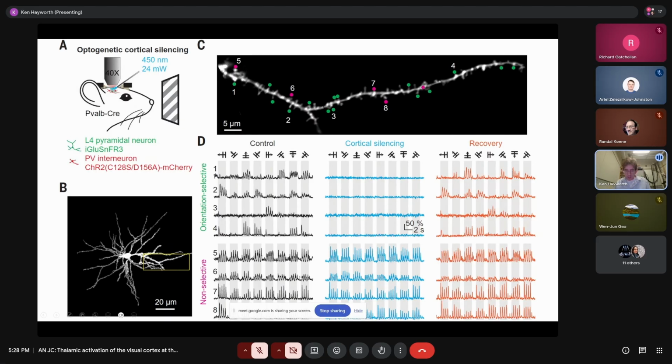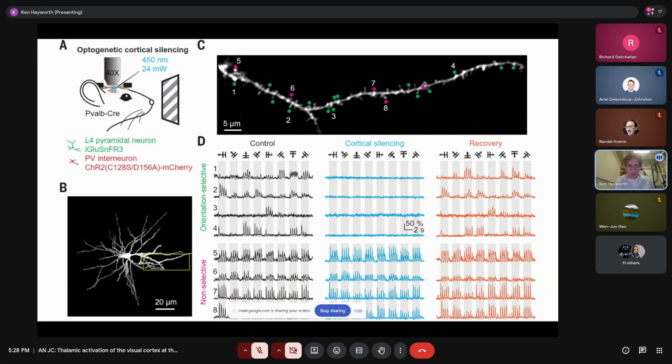But these non-selective responses are unaffected, and it comes back just fine after you unsilence the cortex. So right there, they've proven that the synaptic inputs from the cortex are the ones that are orientation selective, and the ones that are coming from the lateral geniculate nucleus are non-orientation selective.